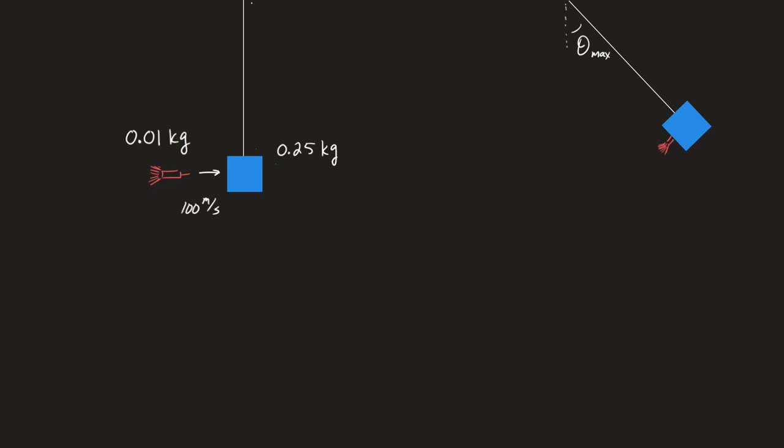So the first thing I want to do is put in here a middle part of the problem. And that part is the part where the dart is now embedded in the block, but the dart and block have some velocity after the collision.